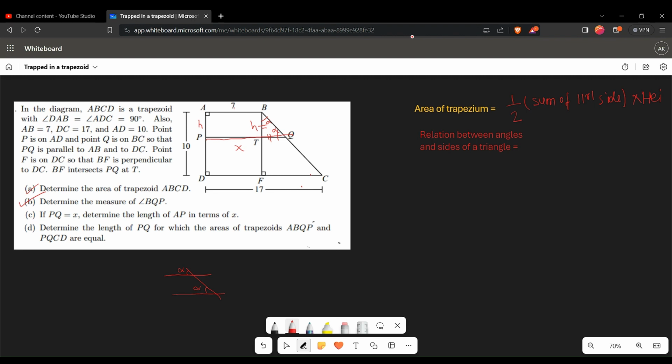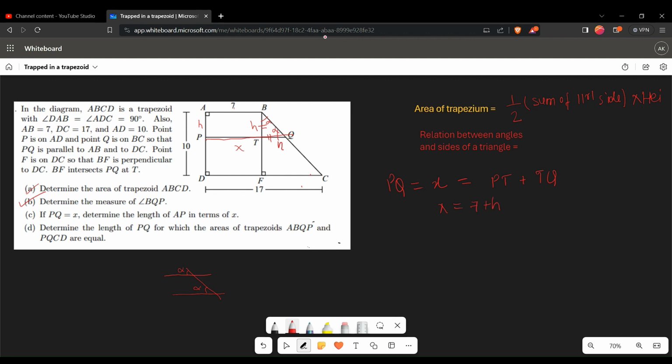So we know that PQ is x, and it is also equal to PT plus TQ. Since BT is equal to TQ, it will also be h. So we can say that x is equal to 7 plus h.